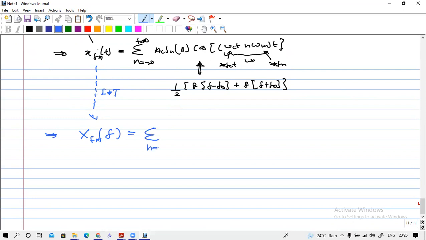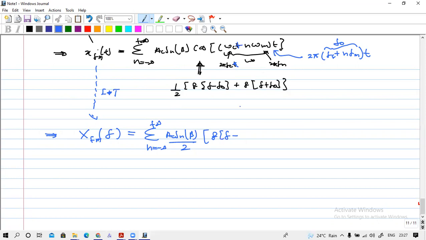We can write it as the sum from n equals minus infinity to plus infinity of Ac Jn(β), and this is half, and δ(f − f0). So f0 is simply 2π(fc + nfm)t, so this is simply 2πf0t.